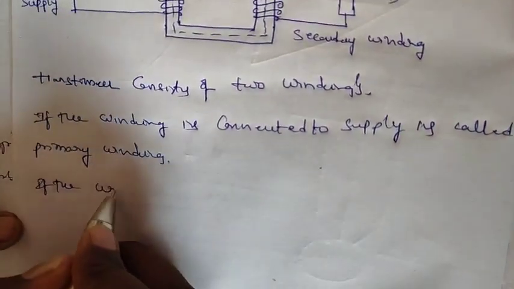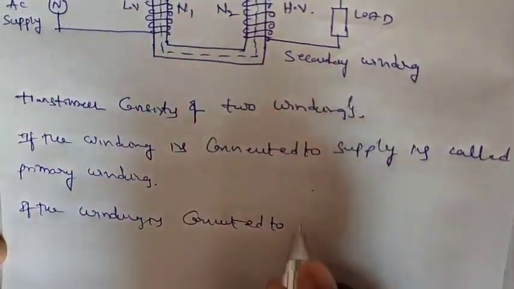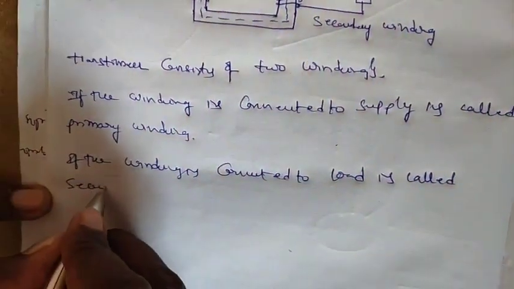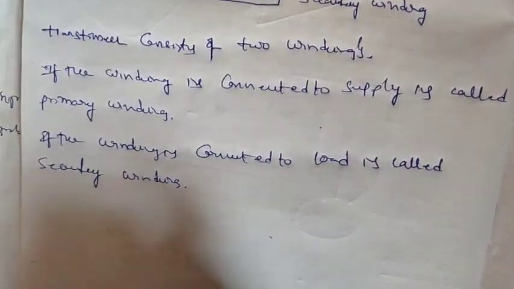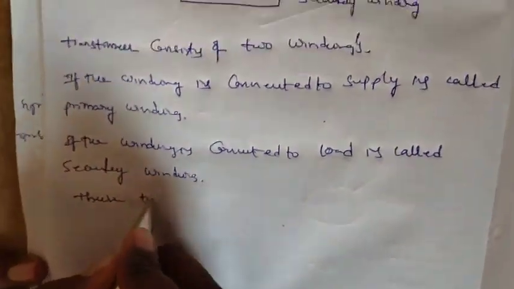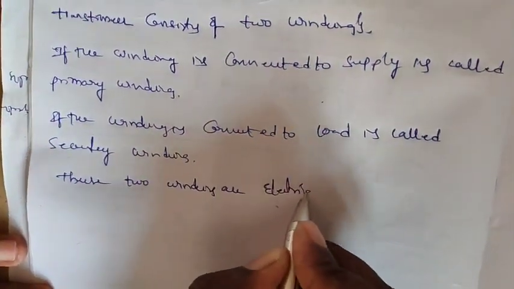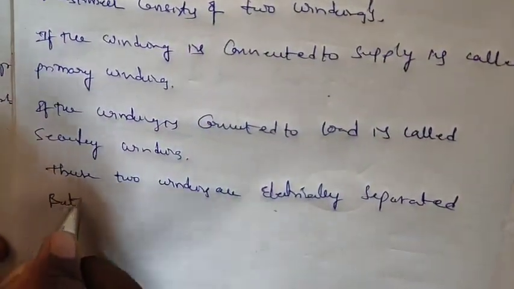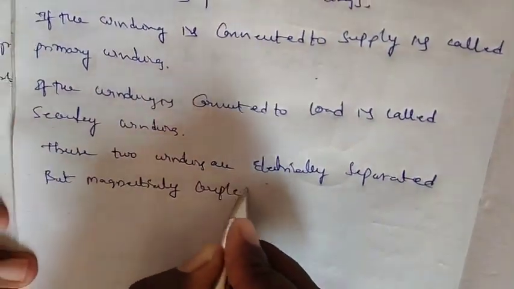If the winding is connected to load, it is called the secondary winding. These two windings are electrically separated but magnetically coupled.